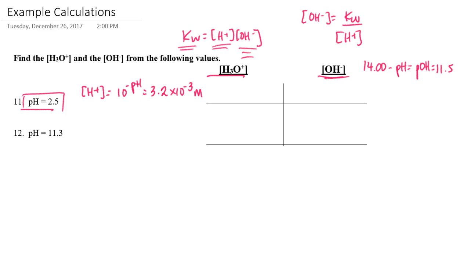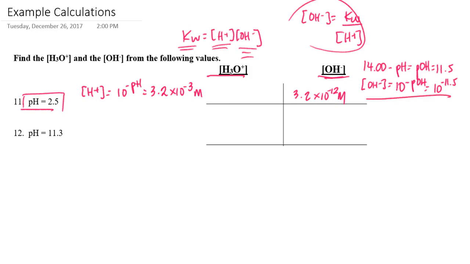If I want to find the hydroxide ion concentration, then I can take 10 and raise it to the negative pOH power, or 10 to the negative 11.5. If I do that math, I get 3.2 times 10 to the negative 12th molar. So I'll leave it to you to verify that this actually works out. Whether I use that relationship or use this one, I do end up with the same hydroxide ion concentration.